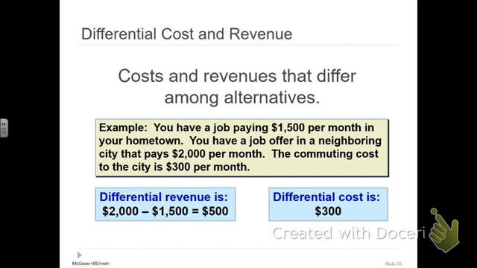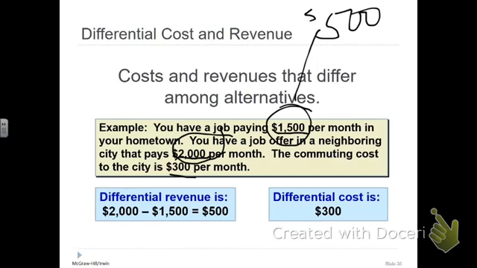So when we're taking a look at differential cost and revenue, suppose in this case we have a job that's paying us $1,500 per month, and you have a job in a neighboring town, i.e. Roanoke, what have you, that'll pay you $2 grand, and your commuting cost is $300 a month. Notice, yes, you're going to make $500 more, but that is not the total that you need to incorporate.